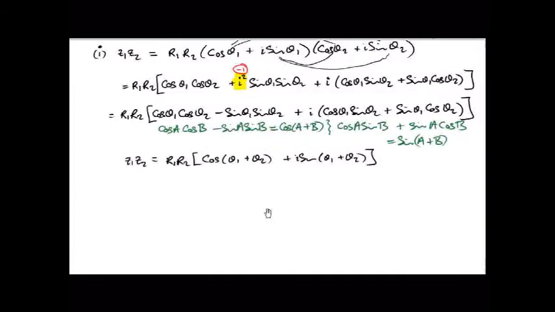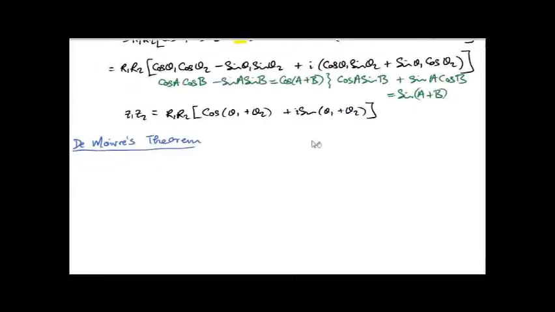So now let's look on and have a think about De Moivre's theorem. So if you have two complex numbers that are in modulus argument form, what do you do? You multiply the r's and you add the angles. Okay? And here's De Moivre's theorem, or the version of it that we prove anyway.